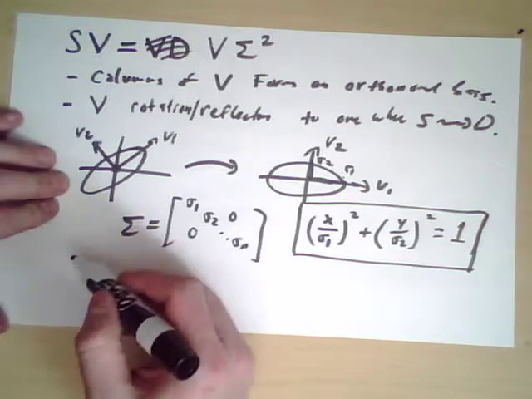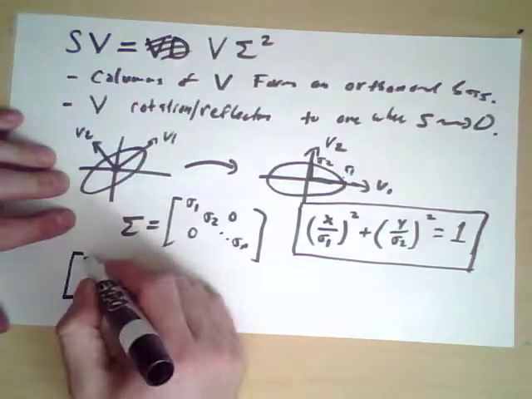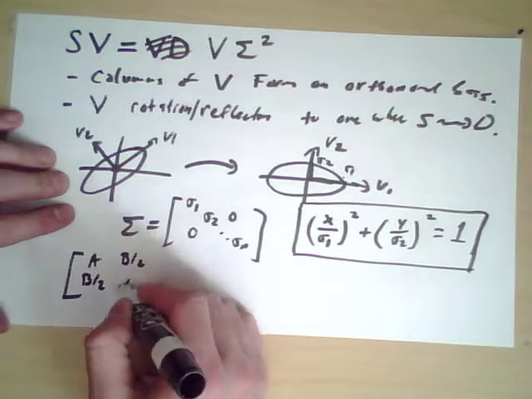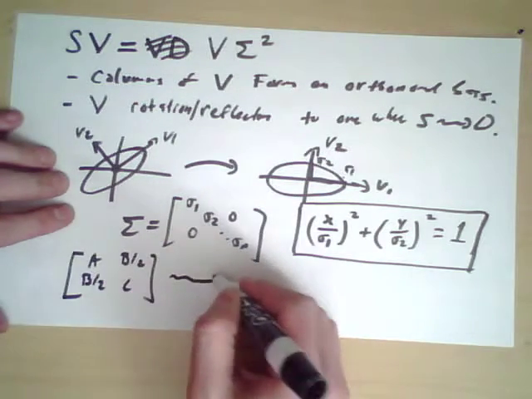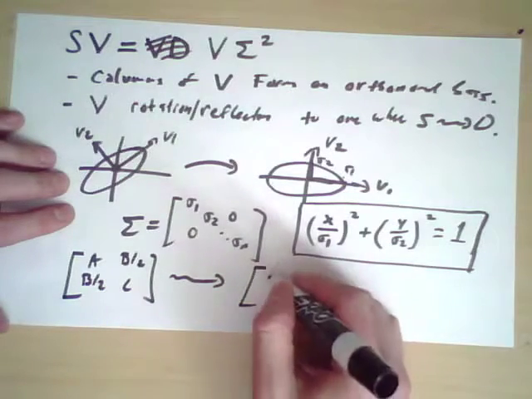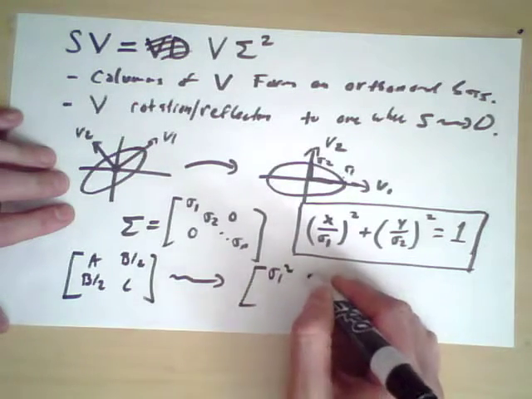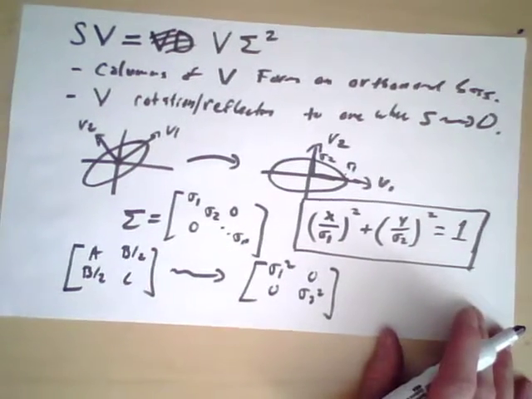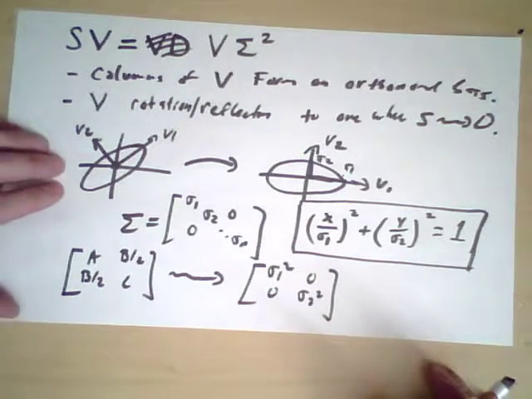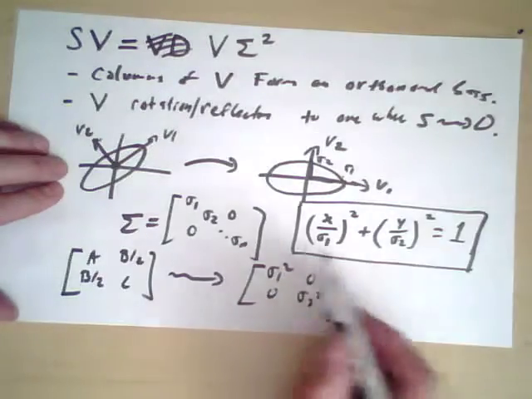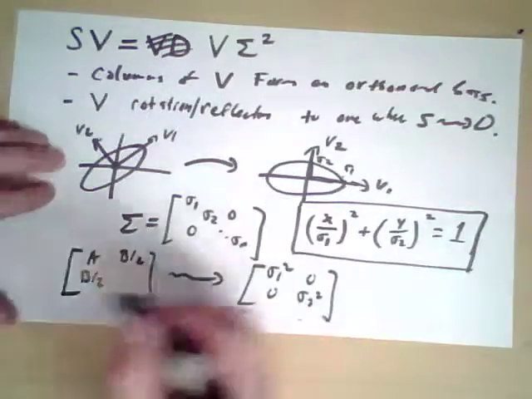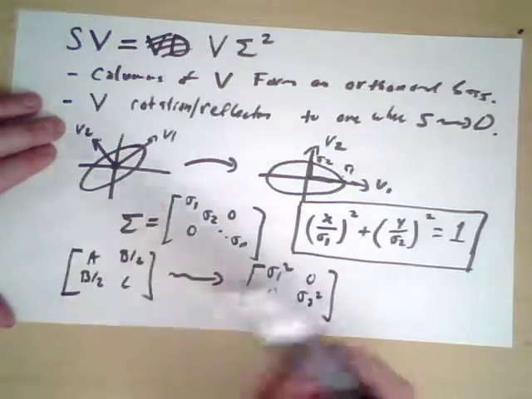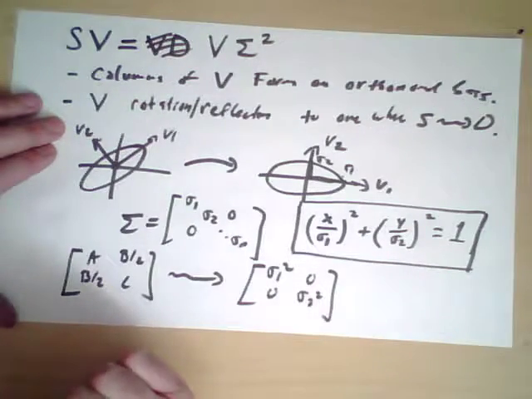So what we're saying is there's a rotation that takes the matrix A, B over 2, B over 2, C, to sigma 1 squared, 0, 0, sigma 2 squared. And that's what's reflected when we change the equation ax squared plus bxy plus cy squared equals some constant to this equation.